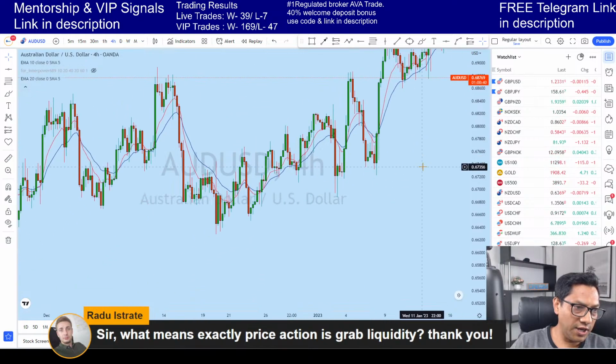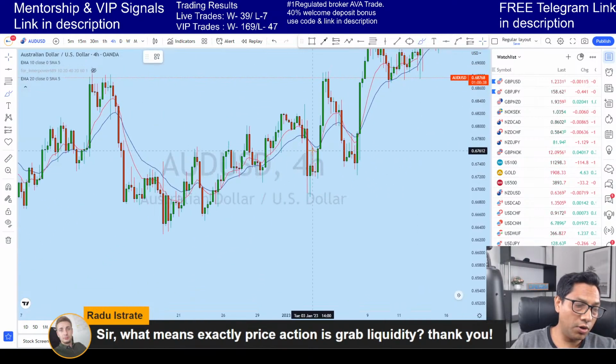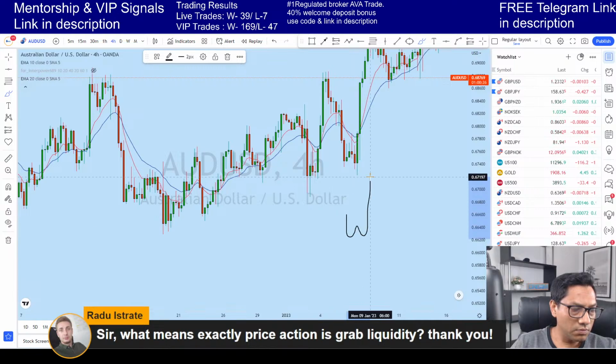Radu was saying that double bottom is only associated with, double bottom is for the uptrend. So I understand you mean that when the price creates a double bottom, it goes up.